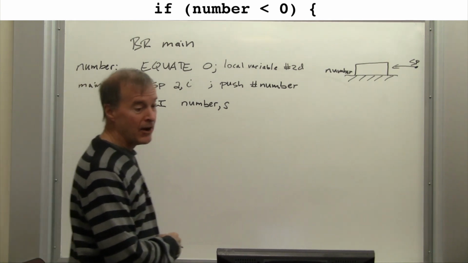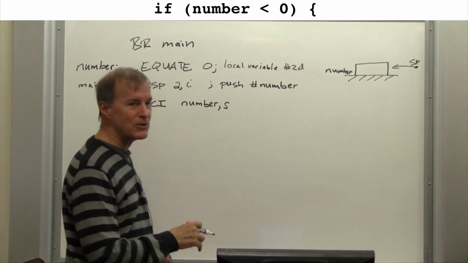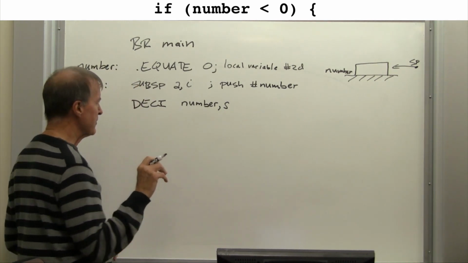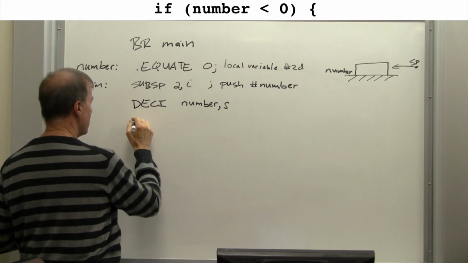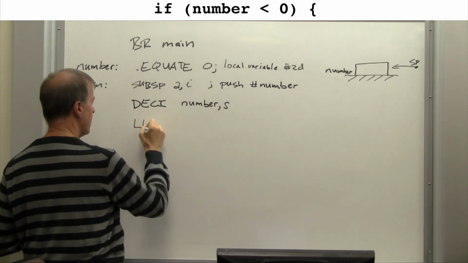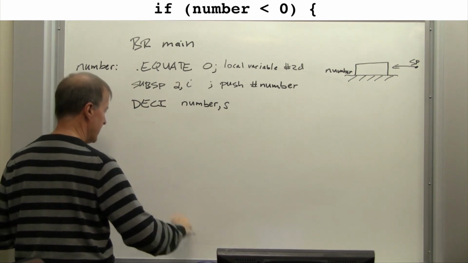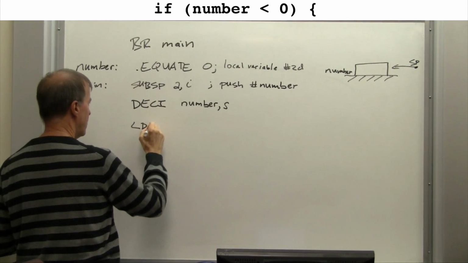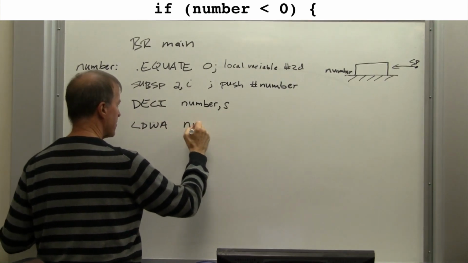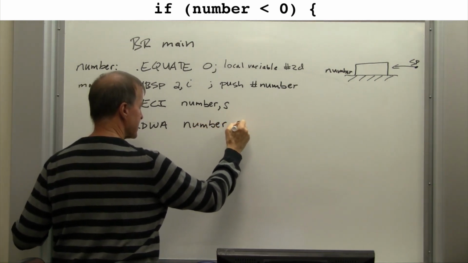Okay, so now if number is less than 0, now this is going to be tricky. I think I'll do this one because we haven't done this before. What we're going to do is load word accumulator. LD. Load word accumulator from number using stack relative addressing.